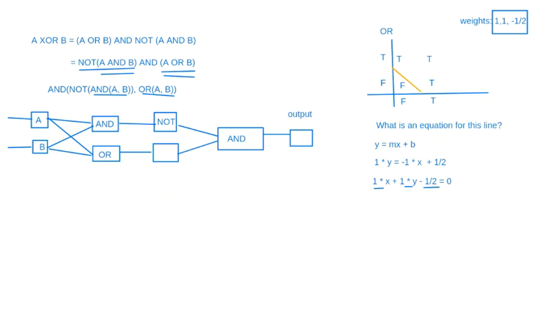Okay, so what that process of calculating the weights on a perceptron is really doing is recalculating an equation for a line that will separate one category from the other. If we did this with and, same situation.